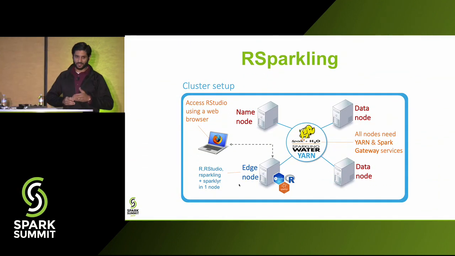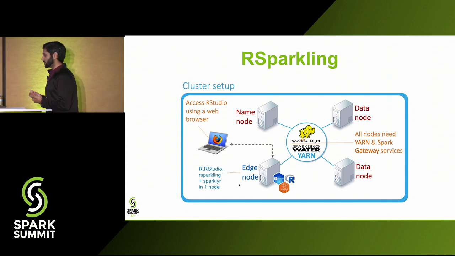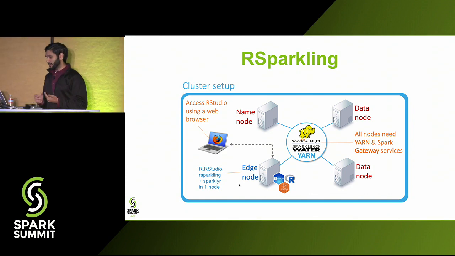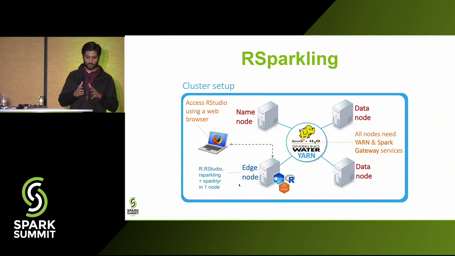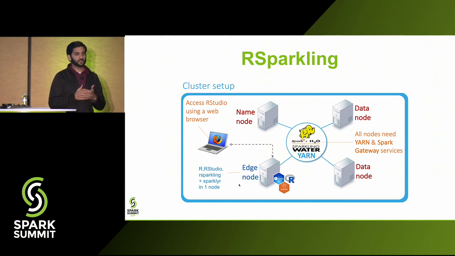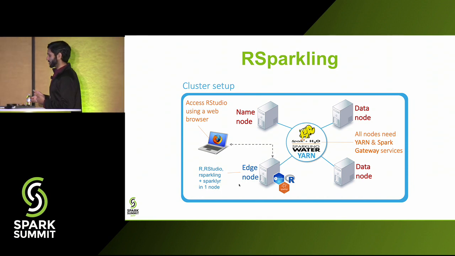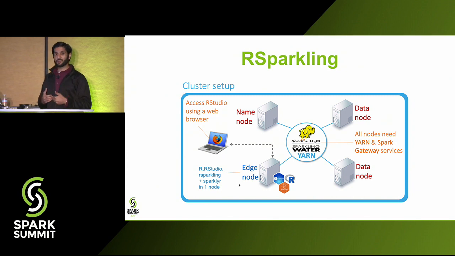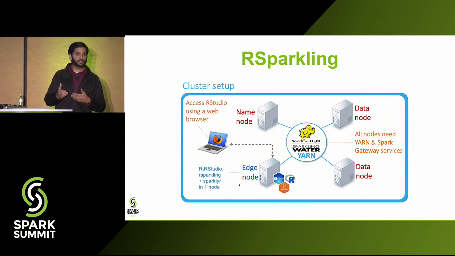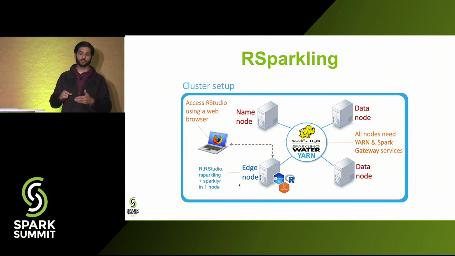Here's a typical example of how someone would use rsparkling. You could have RStudio running on one of your edge nodes, and through your edge node, you can have, let's say, some Yarn client where you've established Sparkling Water plus Spark. Through that, you can utilize your R interface to do data munging, pipelines, predictions, anything like that on a Yarn cluster running Spark.